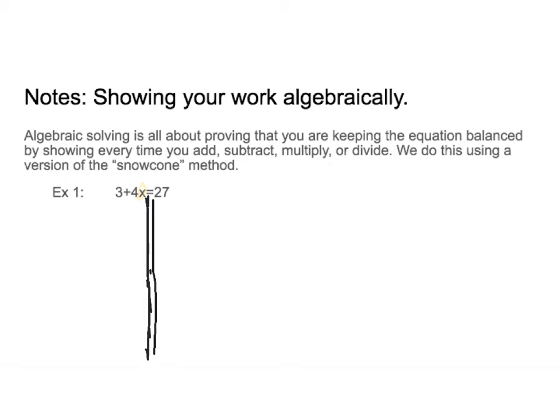So first we can take away the 3 over here, and when we do it on this side, we also need to do it over here. So now we're a little bit less complicated because we only have 4x on this side, and we have 24 over here. We took away 3 from both sides of the balance.